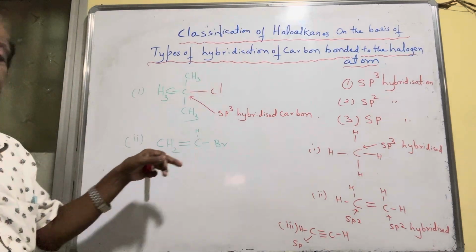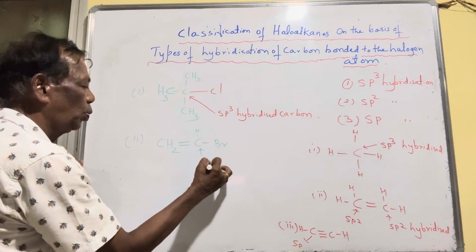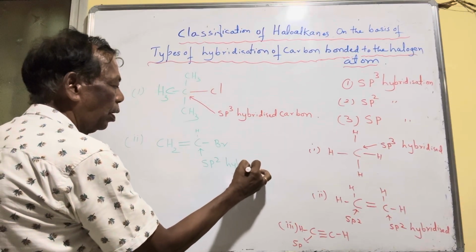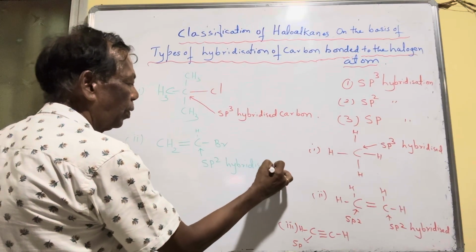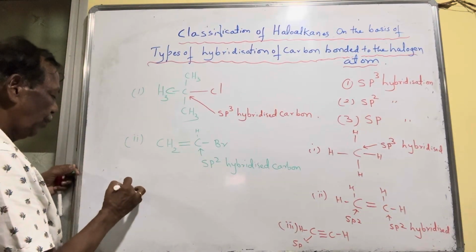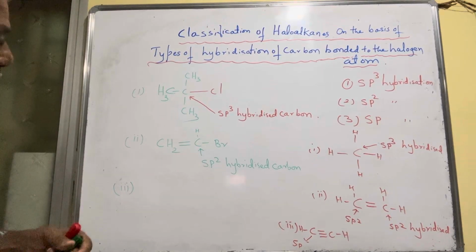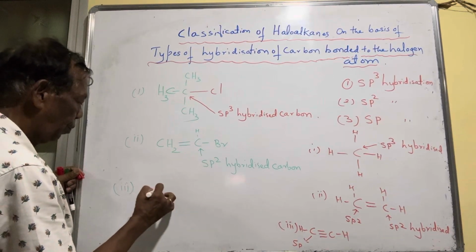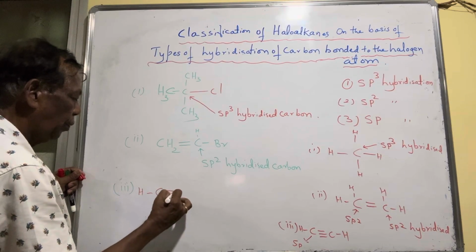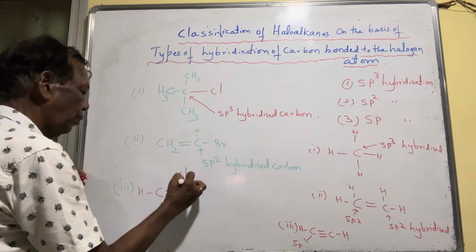Now in this case this will be called sp2 hybridized carbon. Okay, and if we have the third one, say if we have triple bond carbon with H, triple bond carbon with say Cl here.